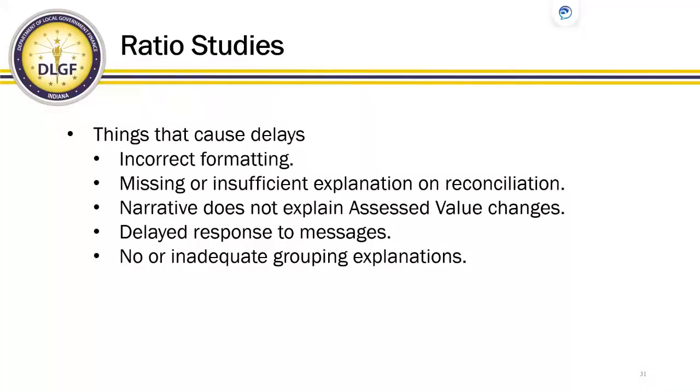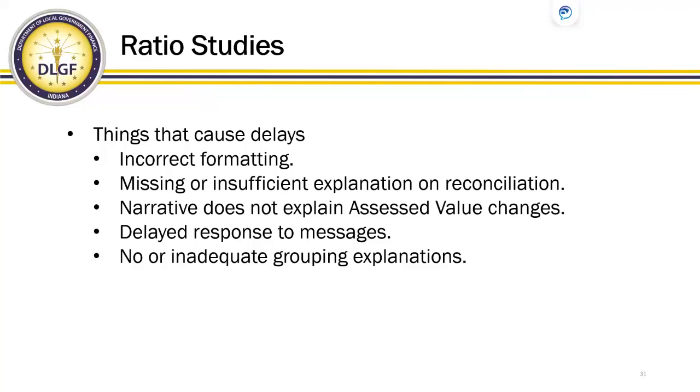As far as things that might cause delays in getting your ratio study approved, I mentioned a little bit ago about the assessor's importance in terms of the relay to get on-time billing. Certainly, we as an oversight agency want to get your ratio study approved as soon as possible, but there may be some things that might cause a delay in getting that ratio study approved.